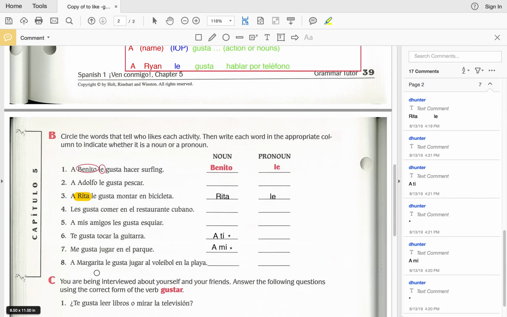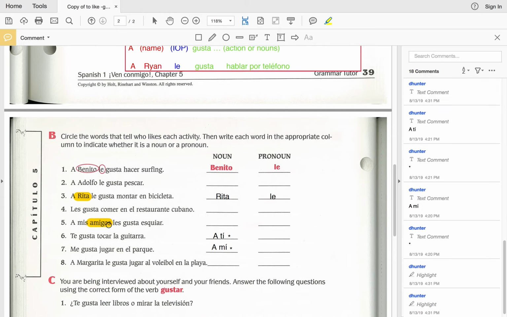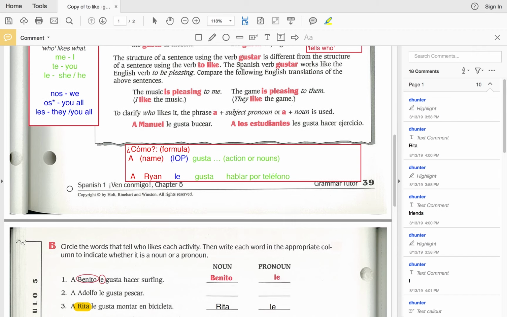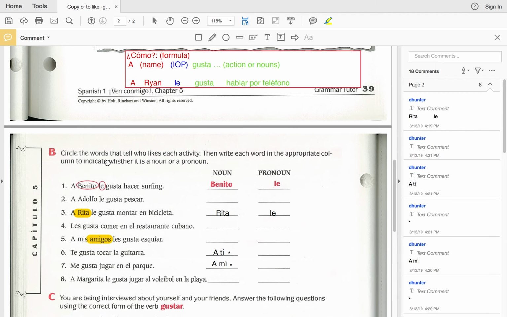Next we have número 5. A mis amigos les gusta esquiar. So mis amigos is our subject. We could just highlight amigos. Since amigos is more than one, if we go back up to our list, we know we're going to be using either nos, os, or les. When we say mis amigos, my friends, we don't say we. If we were using friends as our subject, we would say they. My friends like.